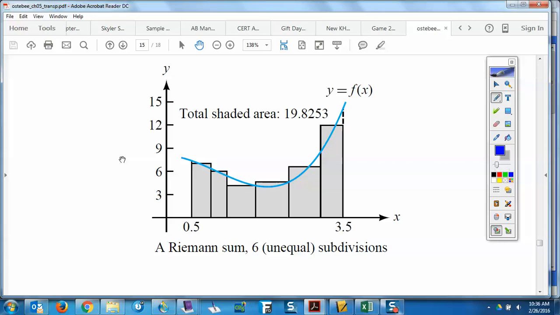Now, where you do get into those kinds of situations is if you're given a table instead of a graph or an equation. If you're given a table of data and your x's are irregular, you've got 0, then 2, then 5, then 9, they're unequal widths. If you were going to do rectangles there, you would have to go with those widths, okay?